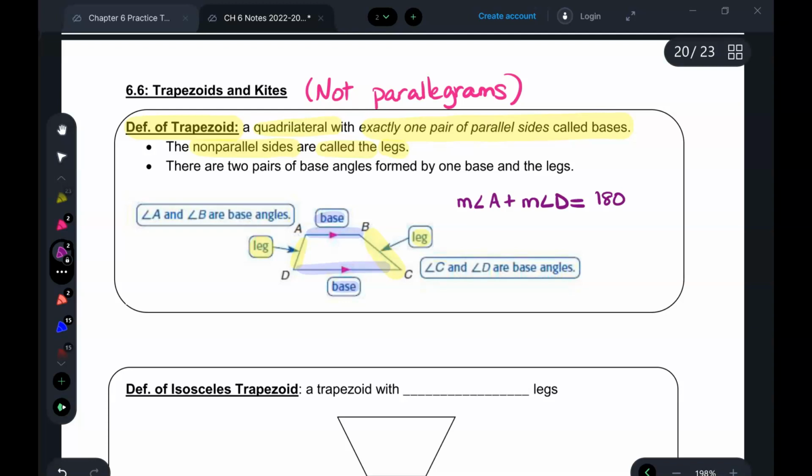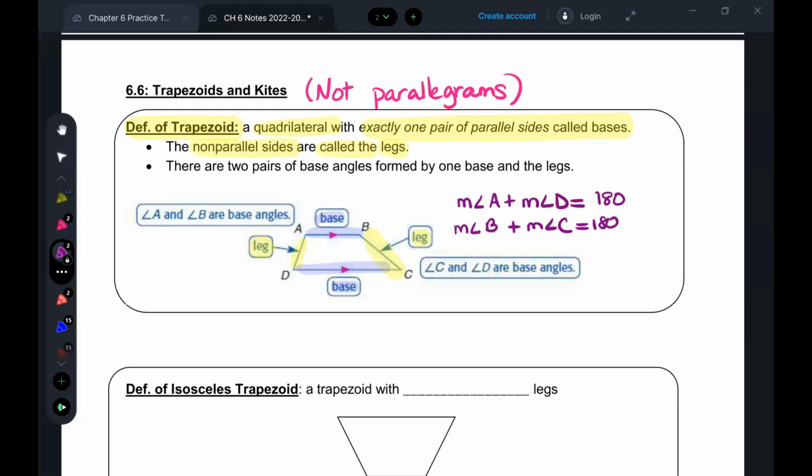We still have the rules for parallel lines. What other two angles have to add up to 180? Not D and C. Do A and B have to add up to 180? In fact, just look at them. They're both obtuse angles.